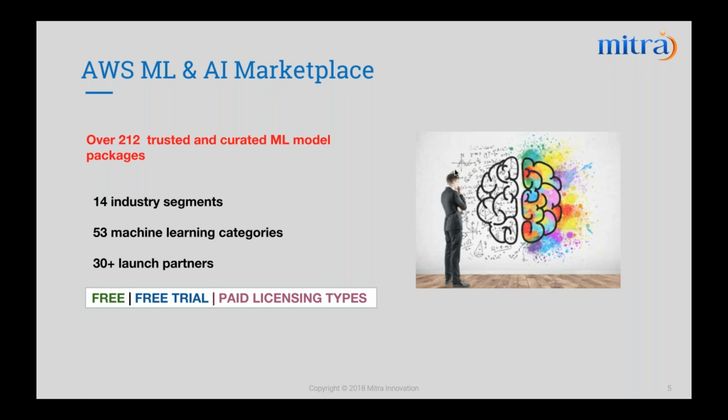The cost is also relatively low. There are many packages which have a free option or a free trial, and there are models with paid license types as well. You can browse through them and select the appropriate model you want, and also choose the hardware or infrastructure you want it to run on, for example, either a CPU optimized one or a GPU or multi-cluster GPU. Then you can instantly start using this machine learning model.